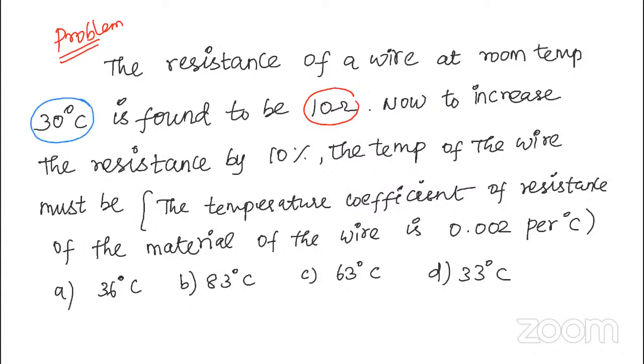So at 30 degree temperature, they have given the resistance value R. Then, now to increase the resistance by 10%.